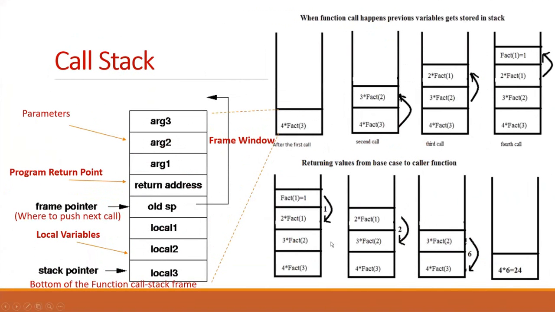So here actually, if I call my function, so originally I have the factorial of 4, right? So when I call for factorial of 4, originally I have my main function. So my main function actually is calling factorial of 4. This is my main function.